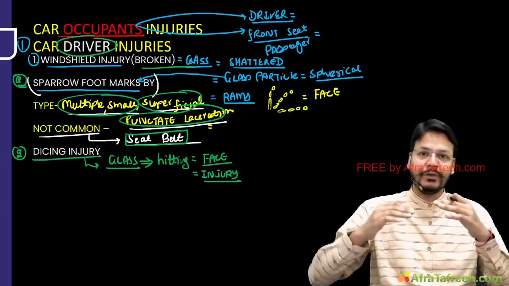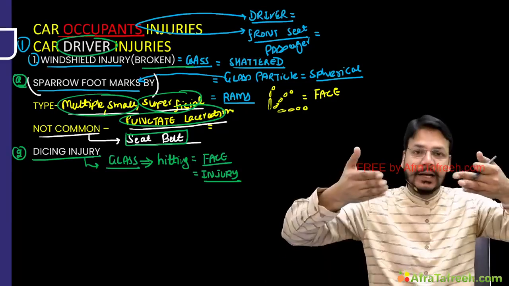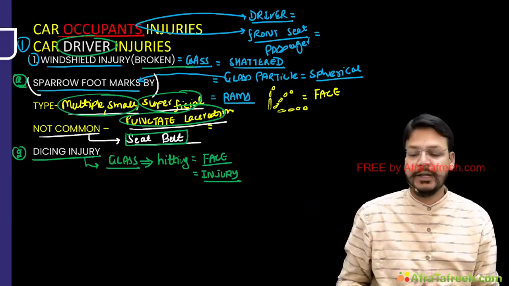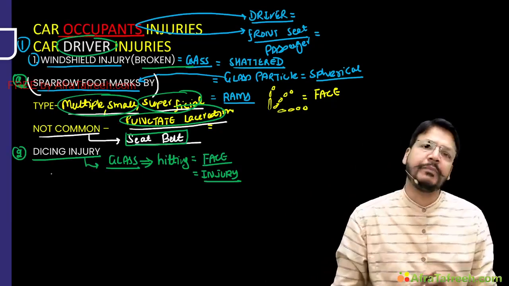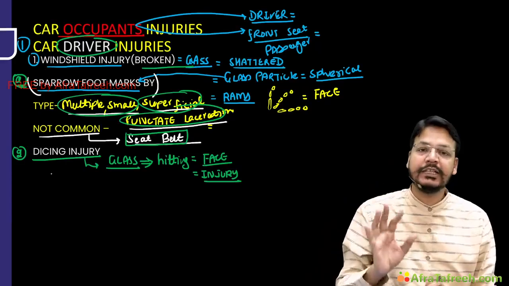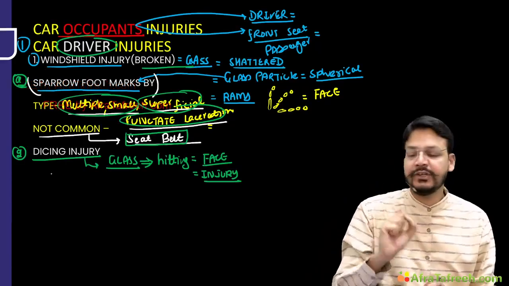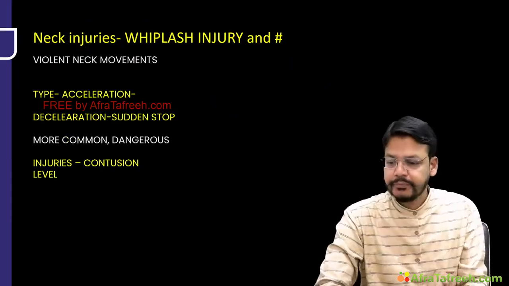Look, both things are different. First, you are thrown into the glass. Second, the glass particles coming on the face or the body. This is known as dicing injury. Both are different. Sparrow feet mark is when you ram into the glass, that is small multiple superficial punctate lacerations. So that is the first injury because of the windshield.